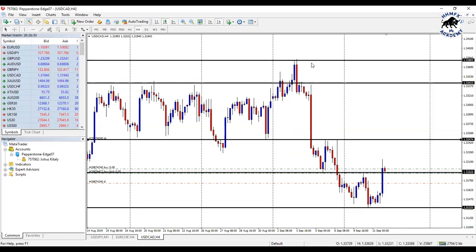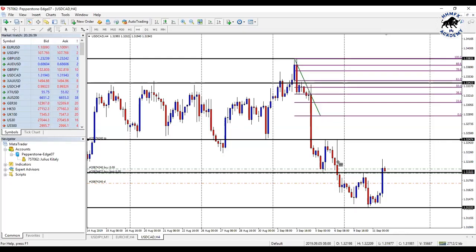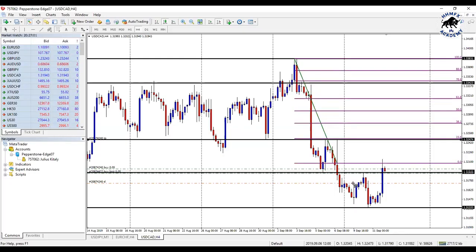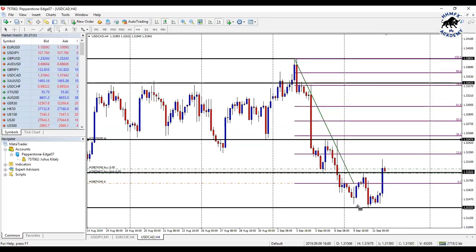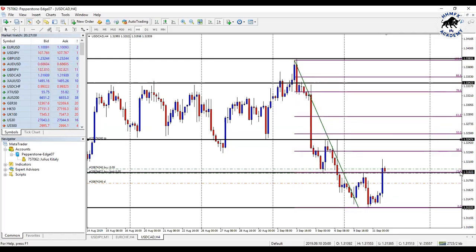Now, let me show you something remarkable about Fibonacci retracement. If we draw it as it's supposed to be drawn from the peak to the trough, you can see 23.6 just passes exactly where we drew our resistance.